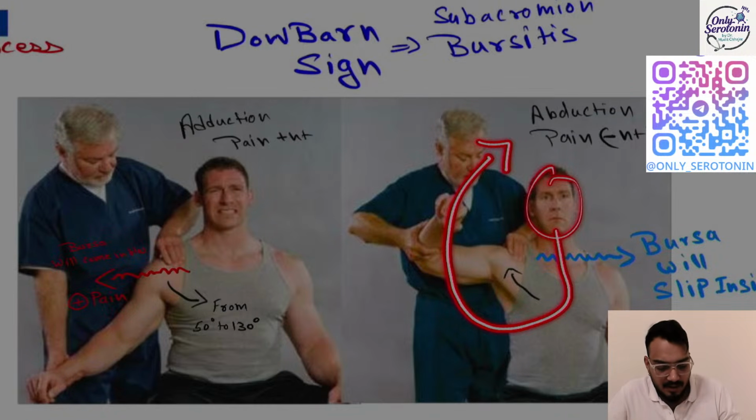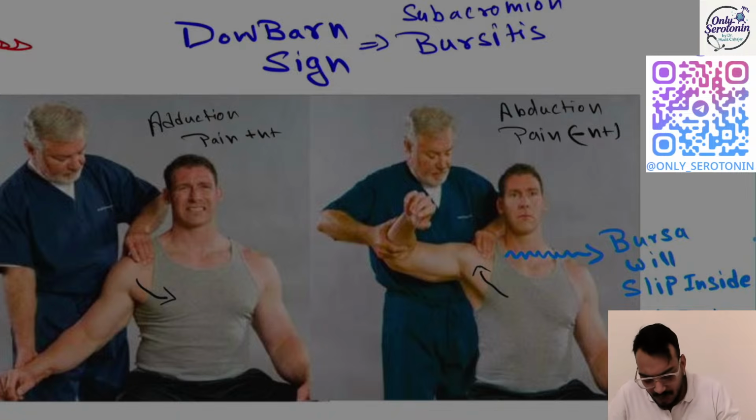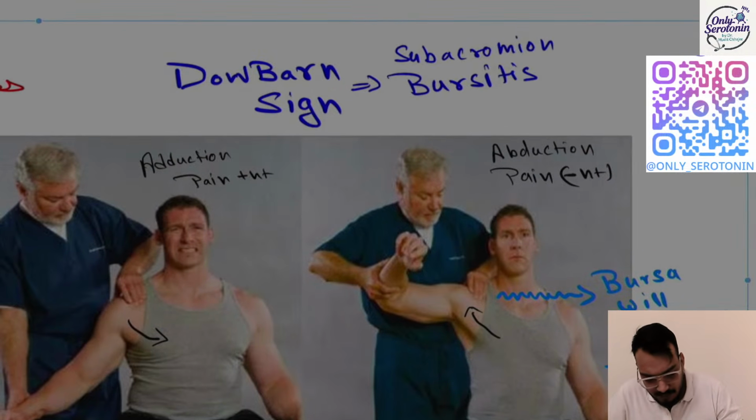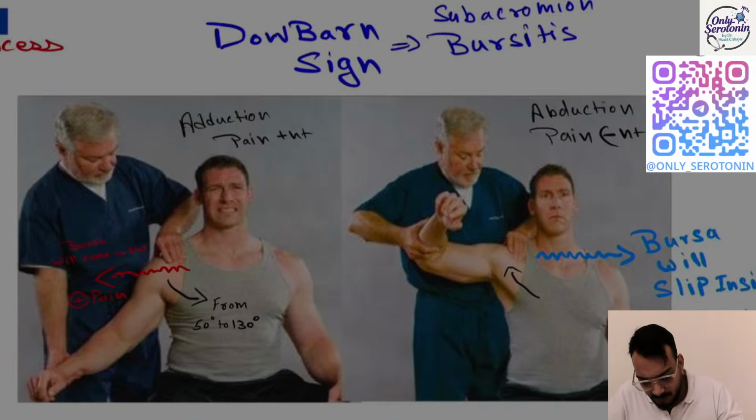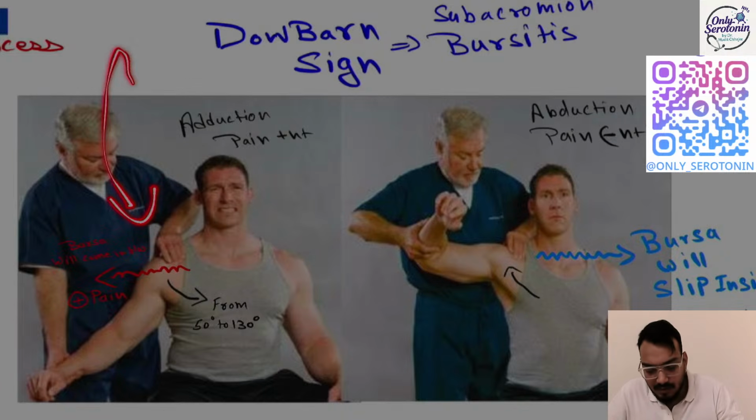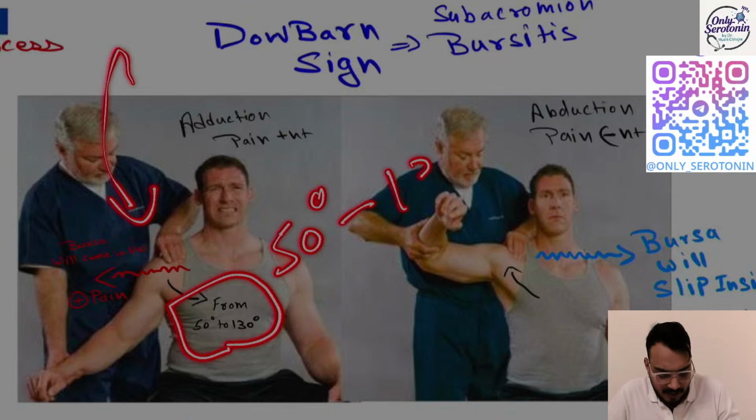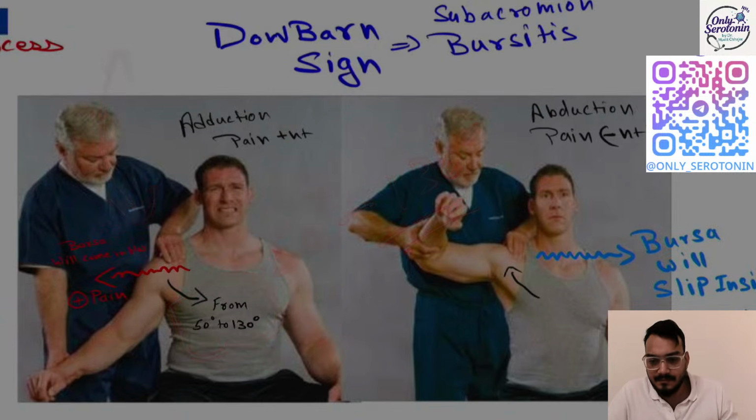During abduction of the patient's hand, there will not be any kind of pain. Pain will be absent, right? But when you put his hand down, adduction, at that time, he will have pain from 50 degrees to 130 degrees. Done, guys?